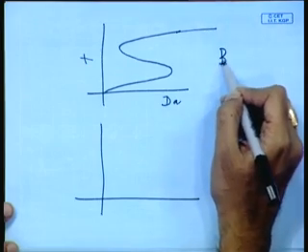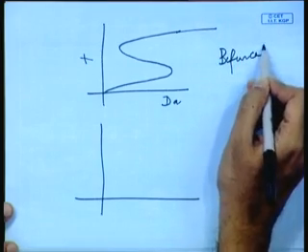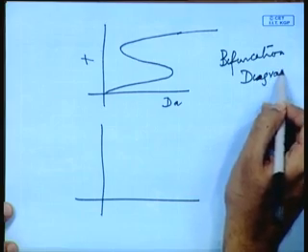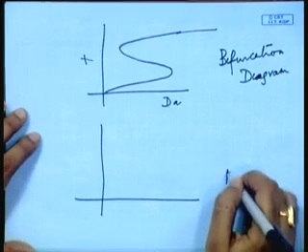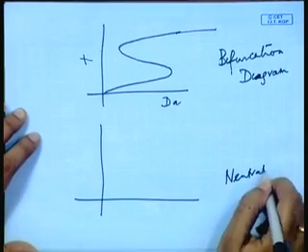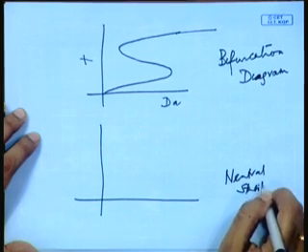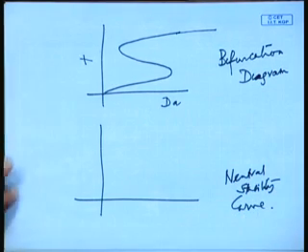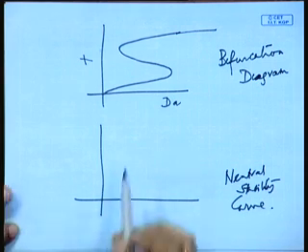So, this is my bifurcation diagram. How would my neutral stability curve look?